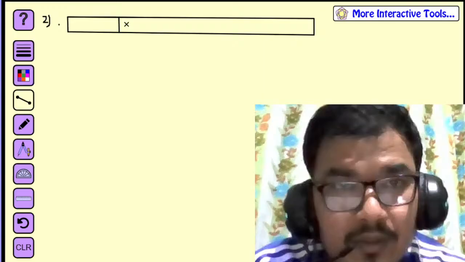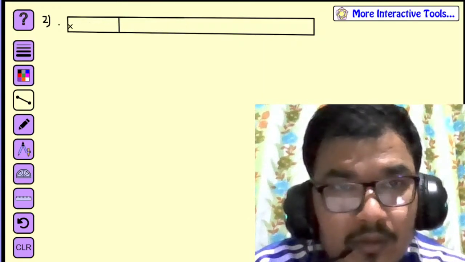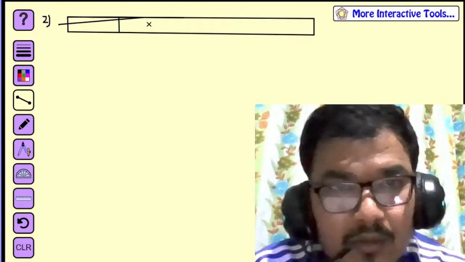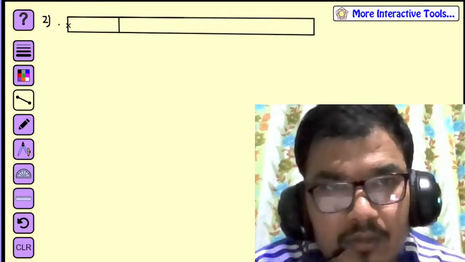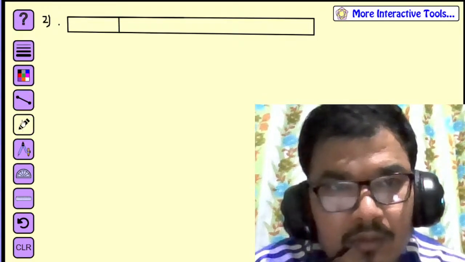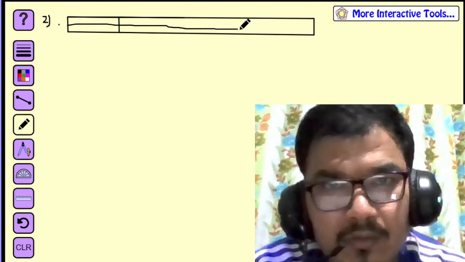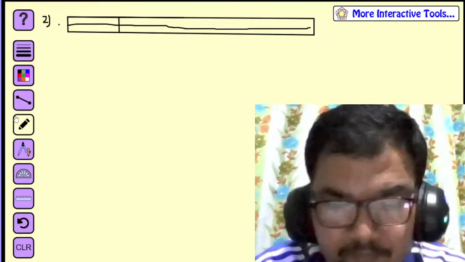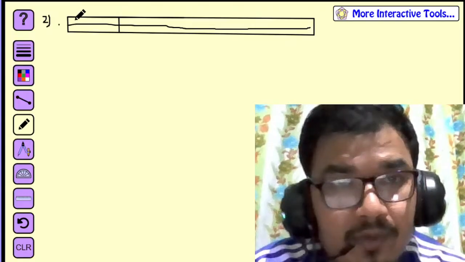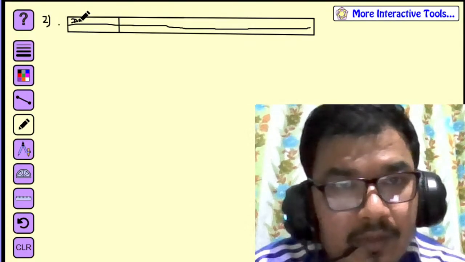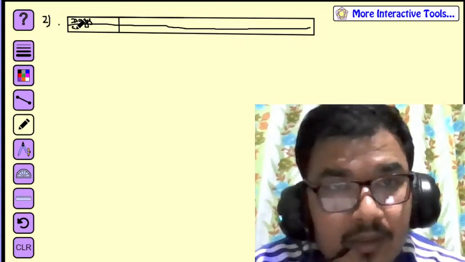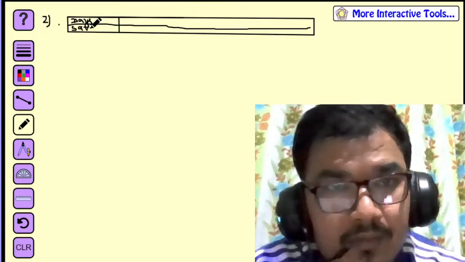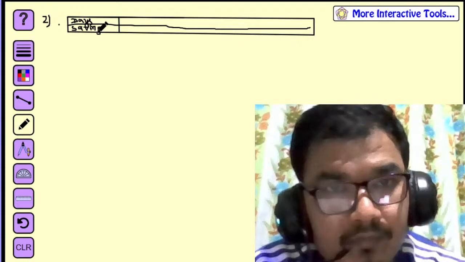In the first row, days are given here, and here is given saving in rupees, in RS.